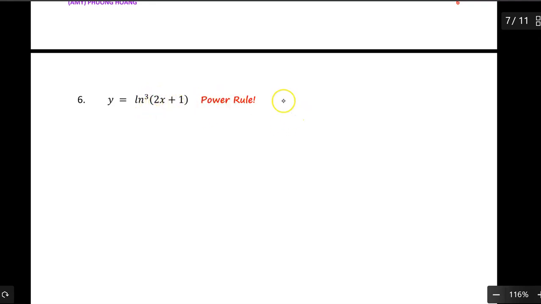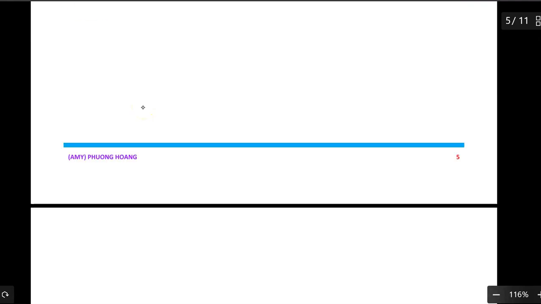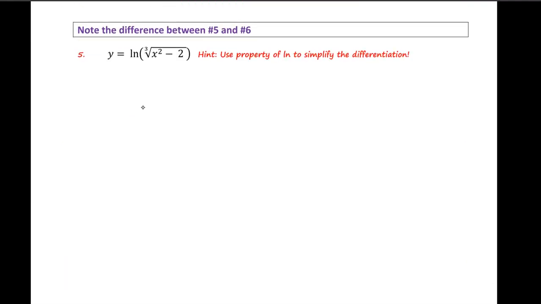So in this case, I'm asking everyone to remember the power rules, because you have a power that applies to your natural logarithm. Let's work with this question, and then I will emphasize to everyone the difference between the two. First of all, here's what we are going to do.